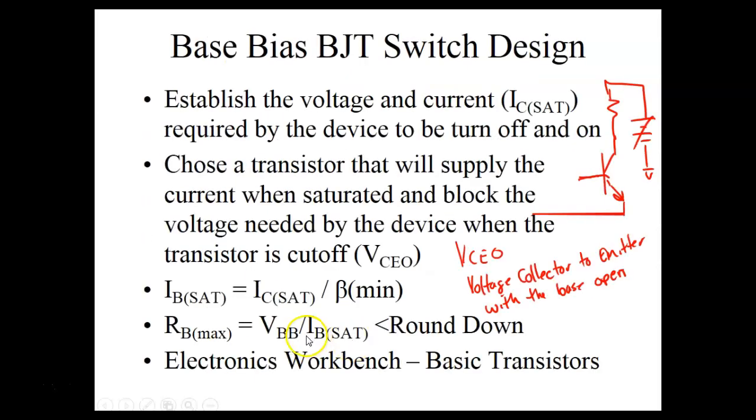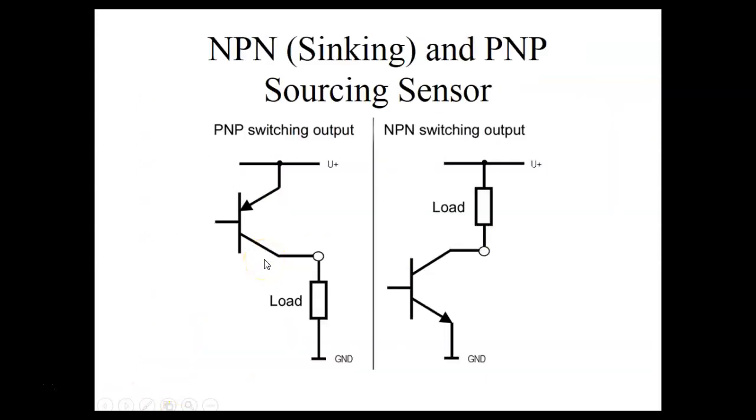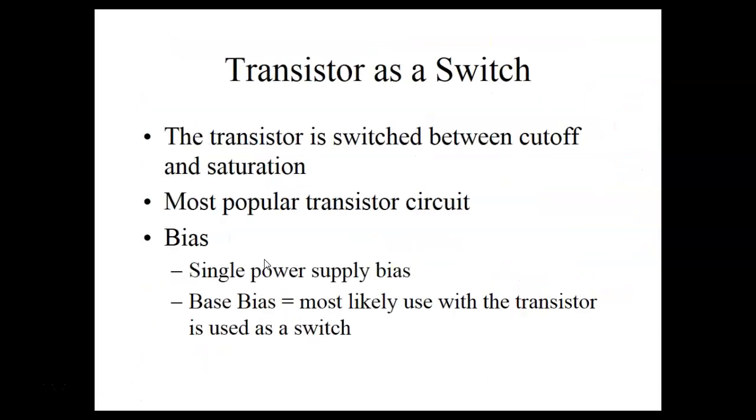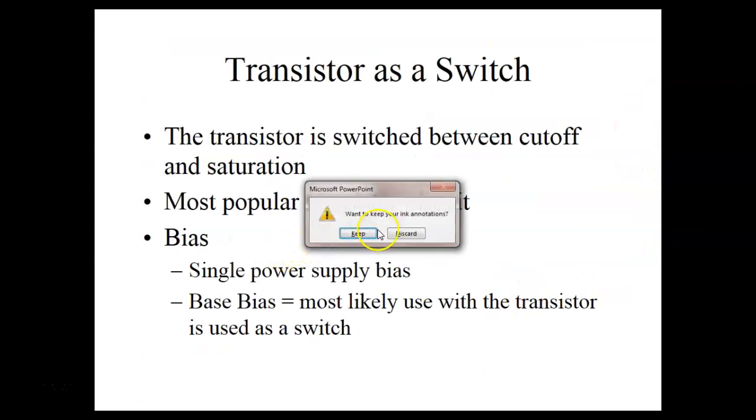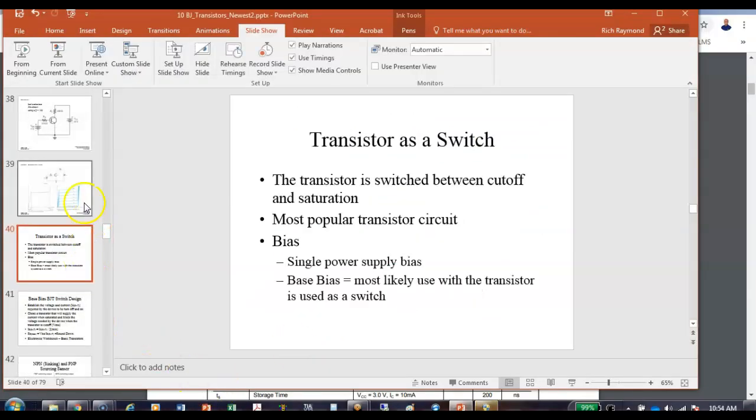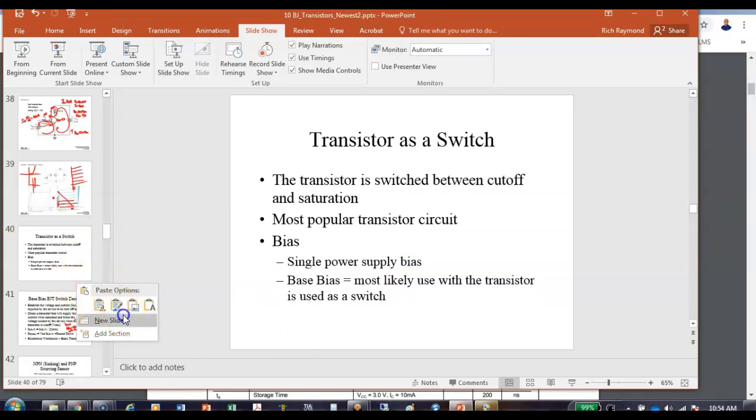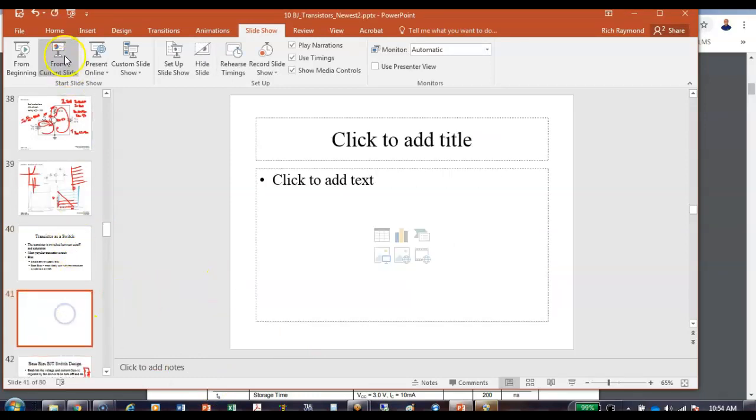So let's say we want to design a transistor switch. I should have a circuit in here, but let me go ahead and pause it on okay. And then I'm going to put a switch in here, and let's design one. We're going to do this instead of using two voltage sources.